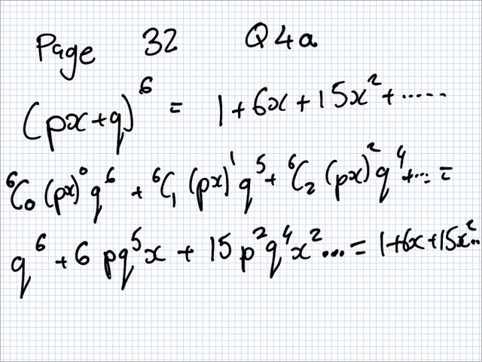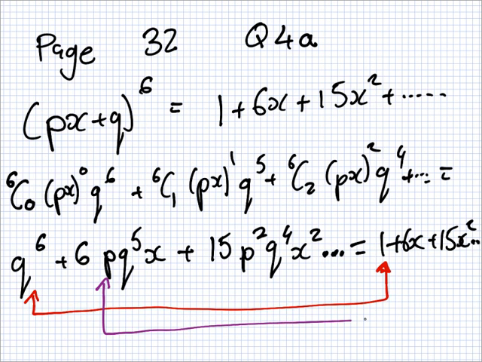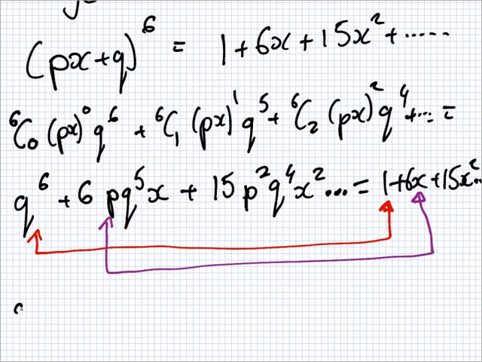Okay, let's compare. So this q^6 has to be the same as 1, and this 6pq^5 has to be the same as 6. If I look at the first equation, I get q^6 equals 1. So therefore, what does q equal? If q^6 is 1, what's q? 1 or minus 1.